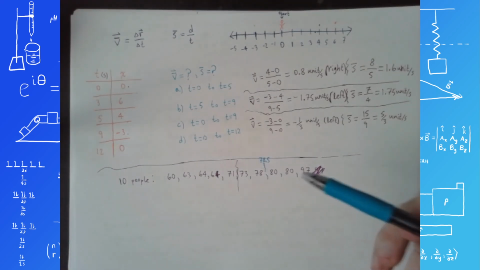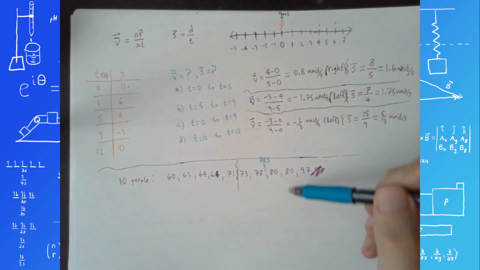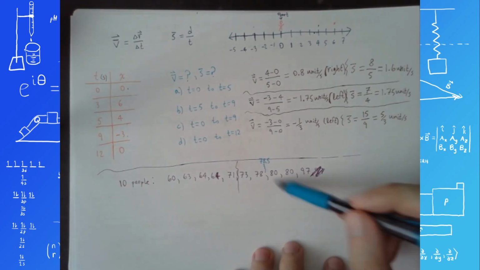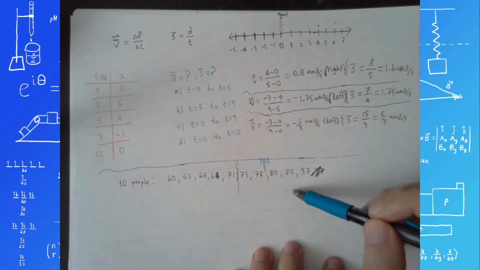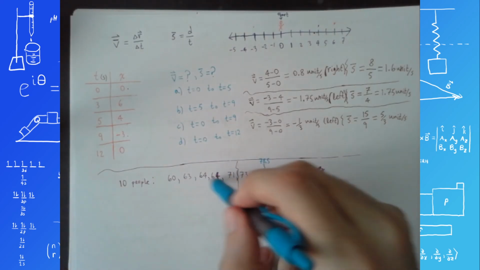But my point was, and I've kind of lost my train of thought here. Let me try and gather my thoughts for a minute. My point here is that these people don't contribute equally towards the average. These people contribute more towards raising the average on their own than any one of these people.